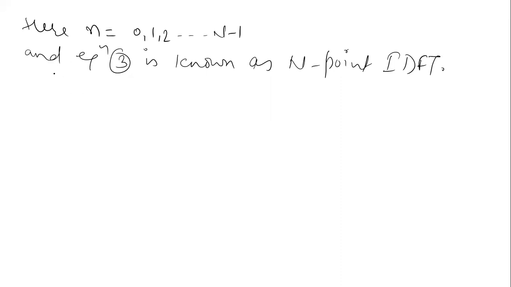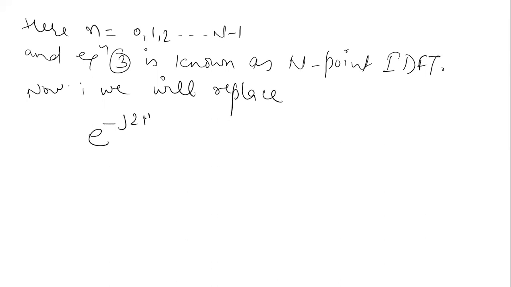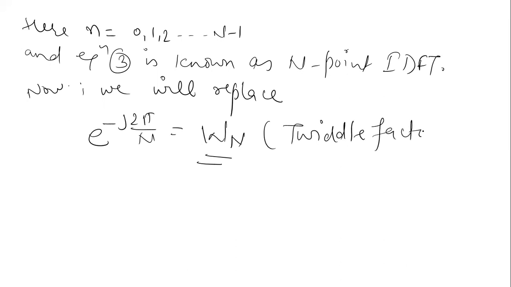Now we will replace e raised to the power minus j 2 pi upon N, because it is something which is common, by some W_N, where W_N is known as the twiddle factor. Or we can also write it like this: W_N is equal to e^(-j 2 pi / N).